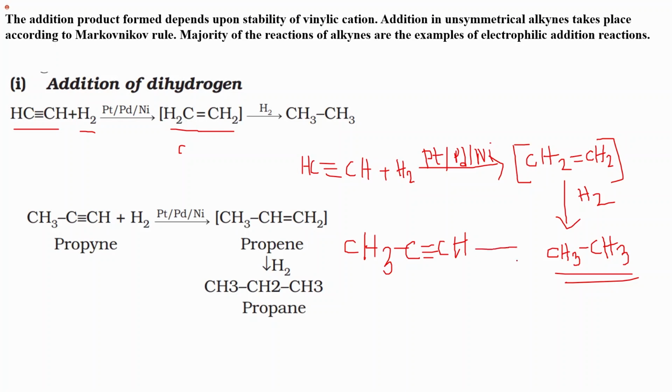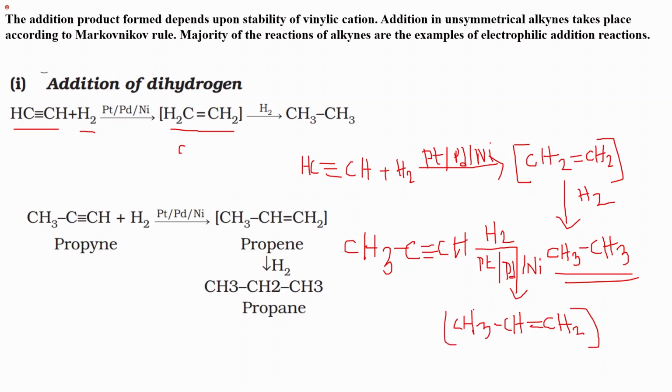So now you have a propyne molecule. Now you are adding one molecule of hydrogen, and then platinum, palladium, and nickel. Now you have CH3, CH, CH2 double bond.